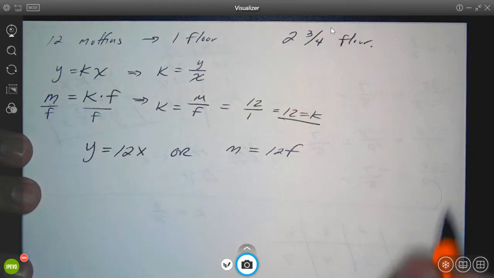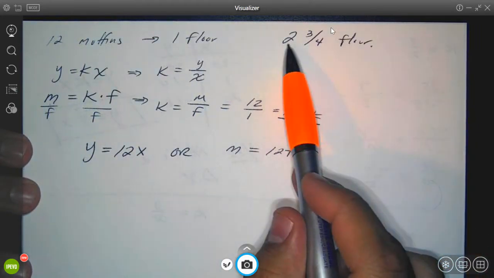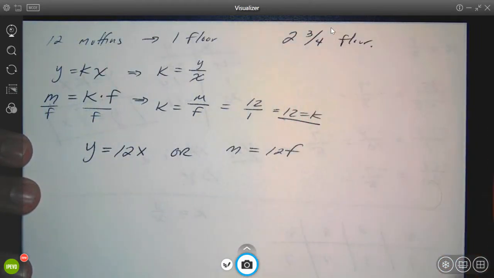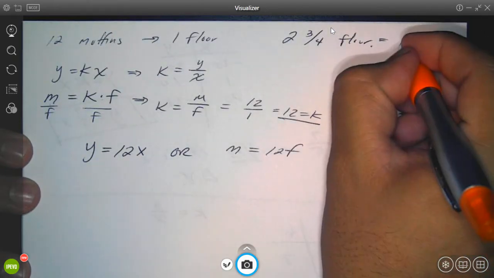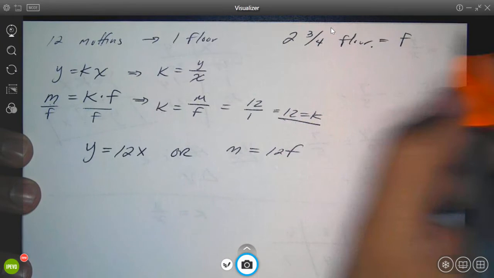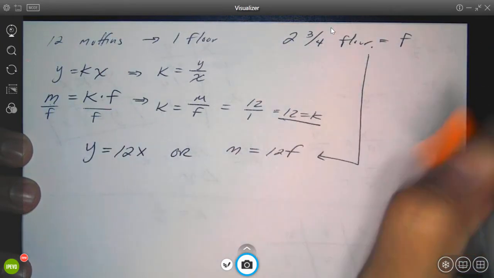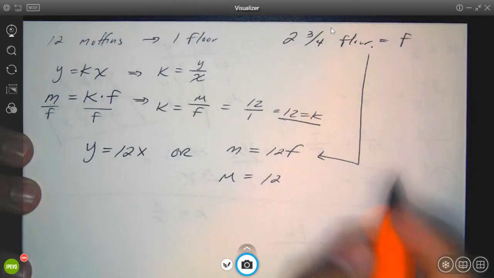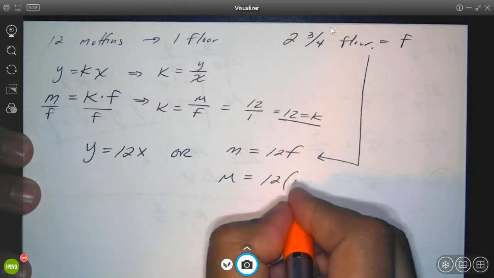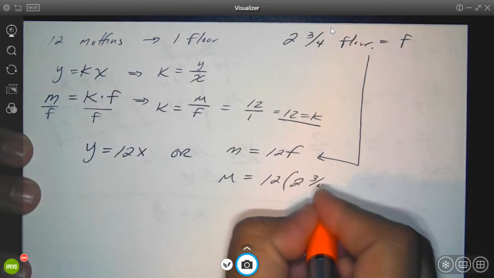Now it asks how many muffins we can make if we have 2 and 3/4 cups of flour. That's our input, the flour quantity, so we insert it into this equation: the amount of muffins is 12 times 2 and 3/4.